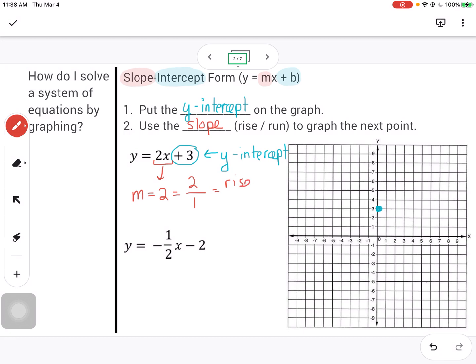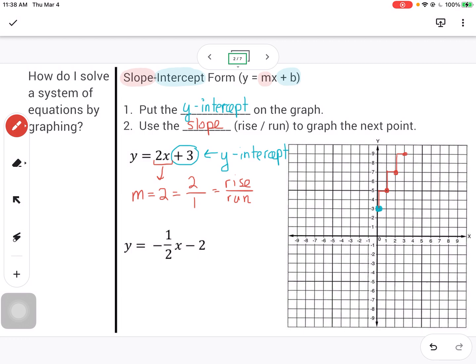So if this is our rise over our run, this tells us that starting at that point, 3, we're going to go up 2 over 1, up 2 over 1, up 2 over 1.